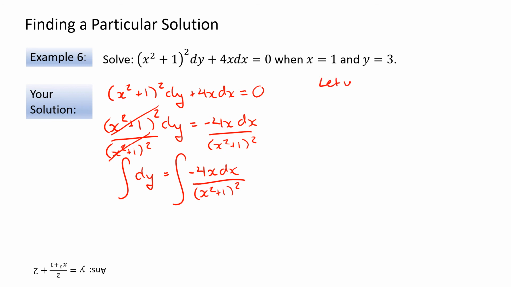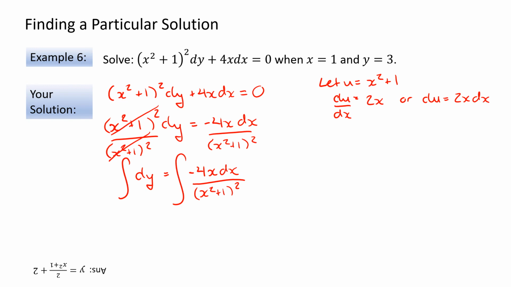So I'm going to let u be equal to x squared plus 1, the term inside those brackets. So du by dx is equal to 2x, or du is equal to 2x dx.